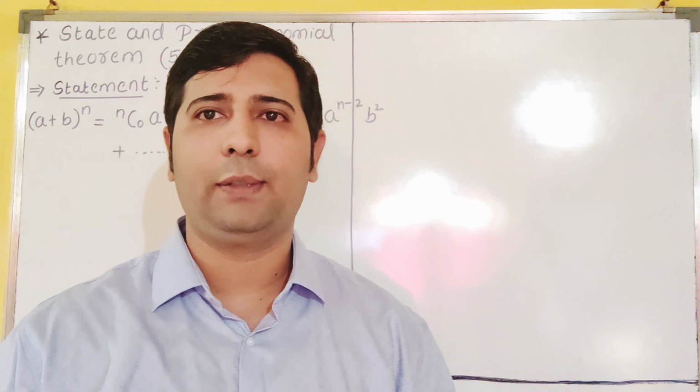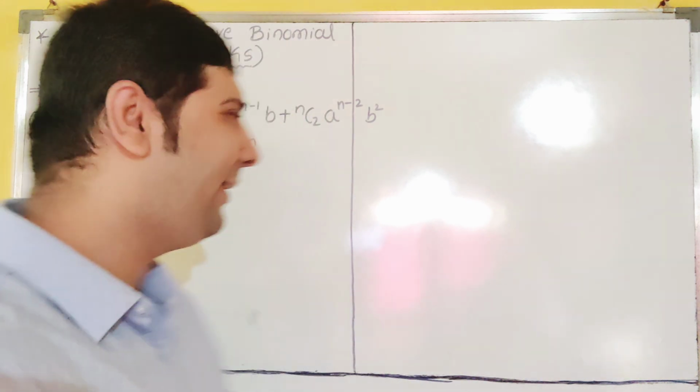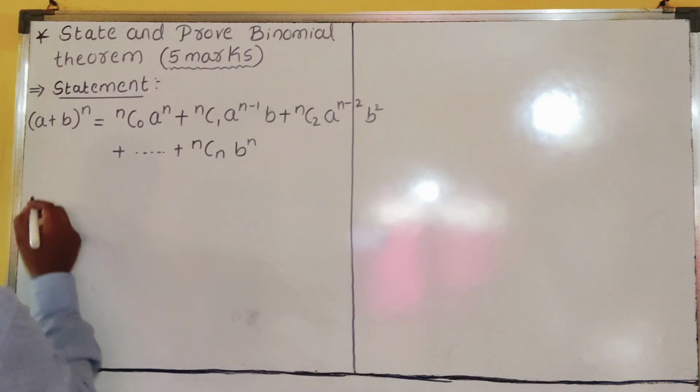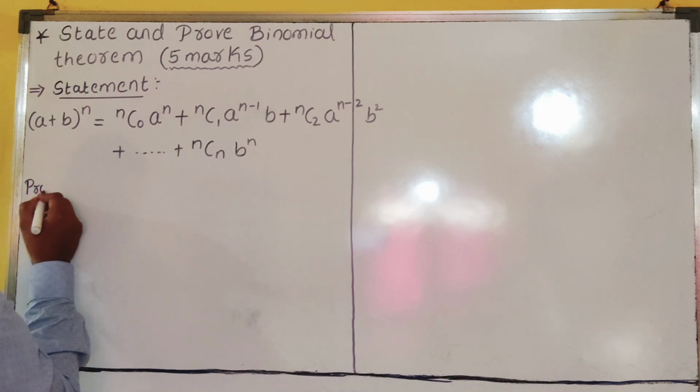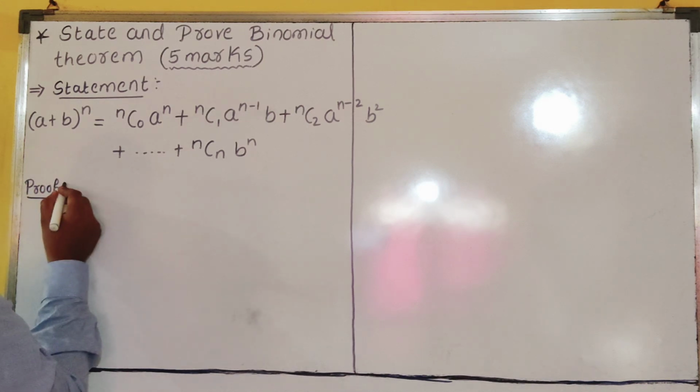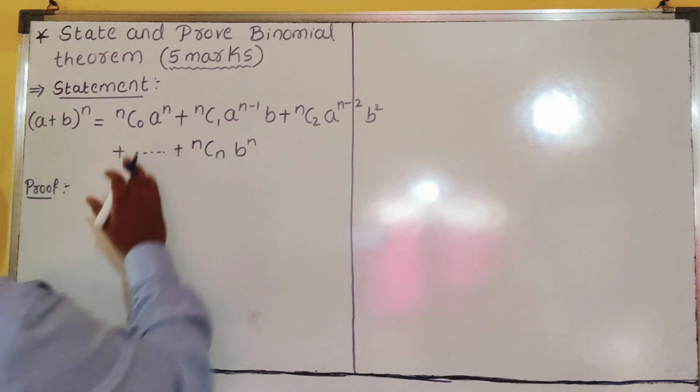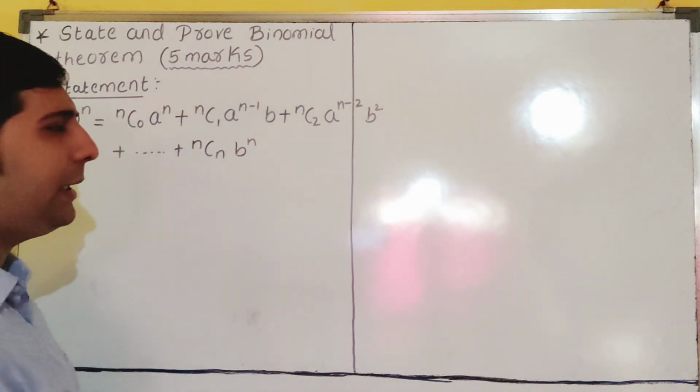So now how to prove this one? We have to think. Very important question and very beautiful also. So proof. Let's start. Proof, you see here. First we have to give the name for this statement, dear students.